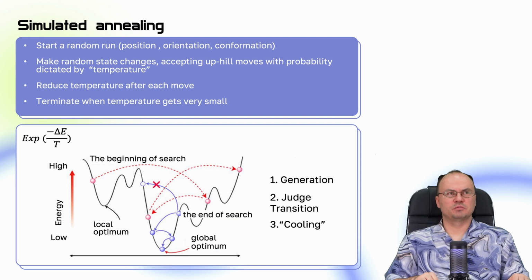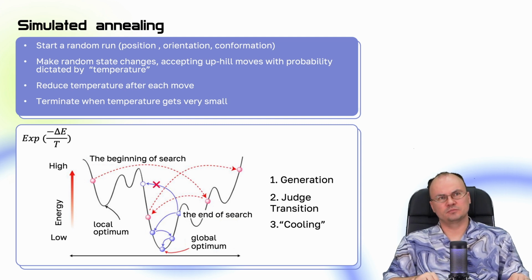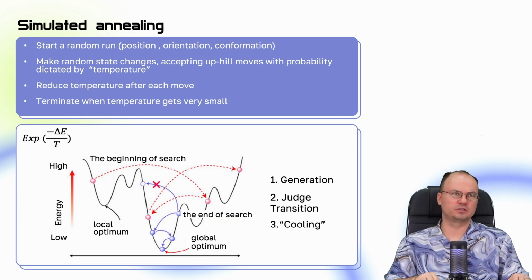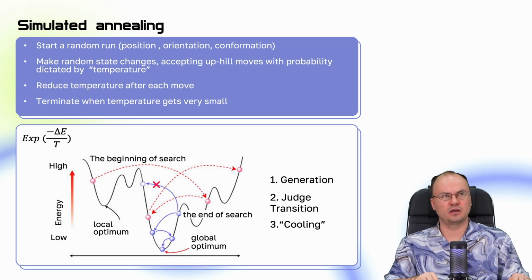The third algorithm is called simulated annealing. It is at some point similar to the previous algorithm. The only difference is that it uses some kind of temperature.